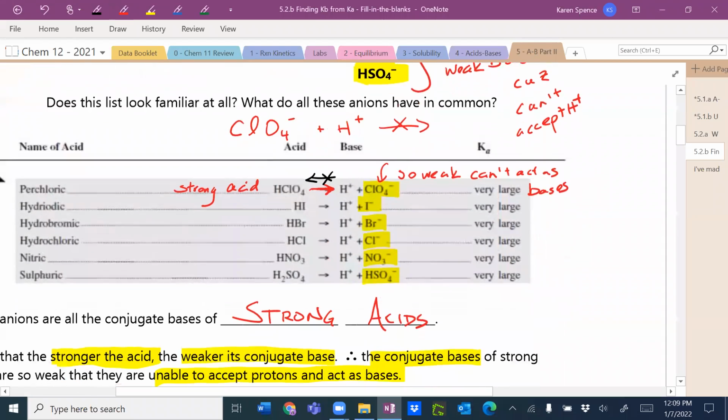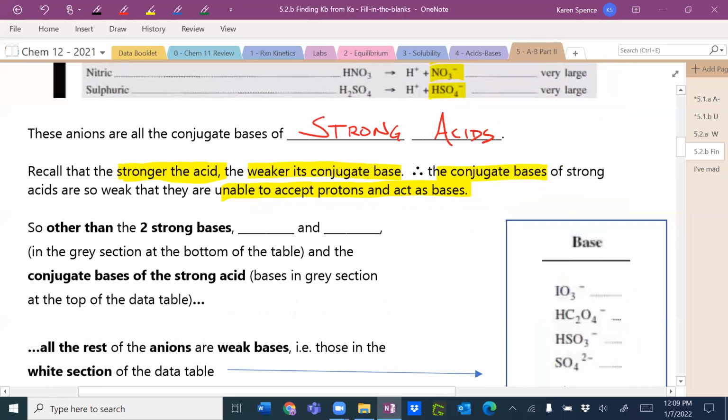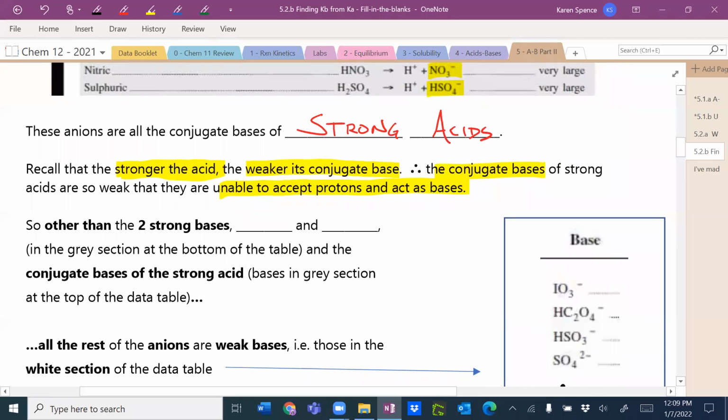All right, so we now have, other than those anions, other than the two strong bases, and who are the two strong bases? Two strong Bronsted-Lowry bases.